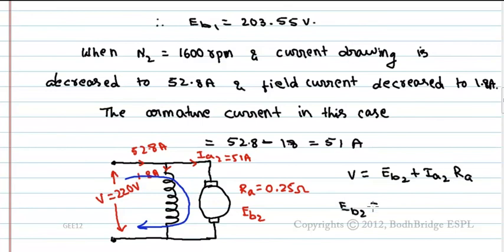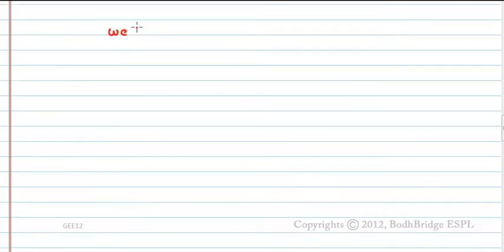EB2 equals V minus IA2 into RA, which is 220 volts minus 51 into 0.25, equals 207.25 volts.